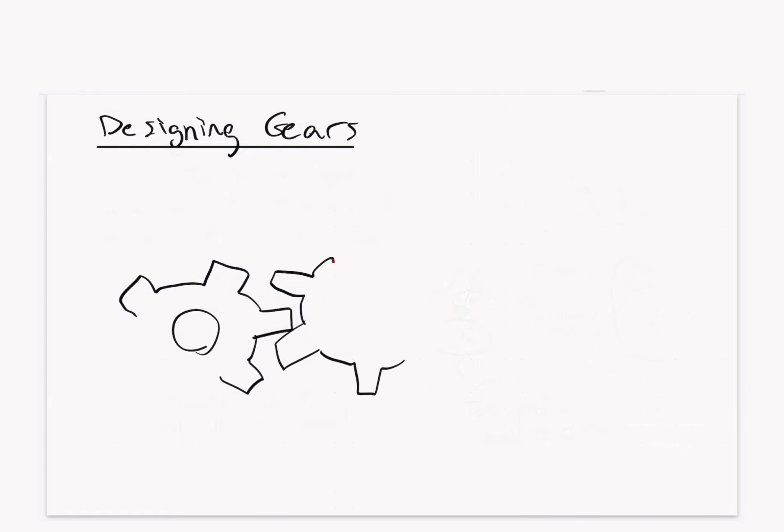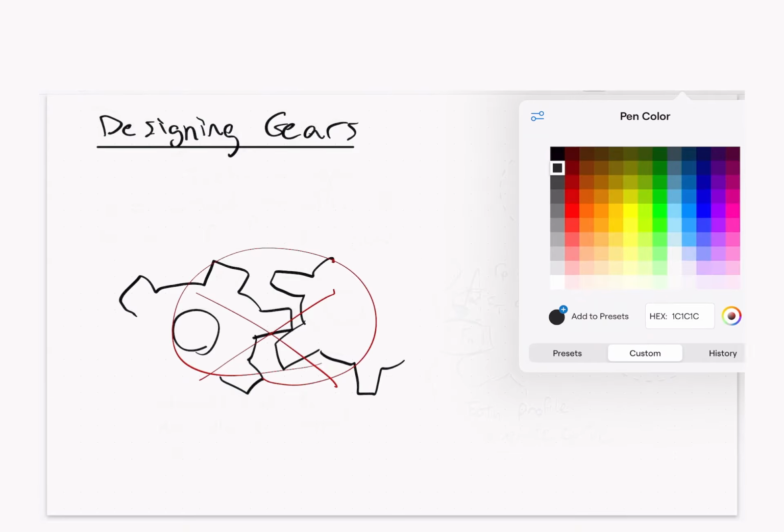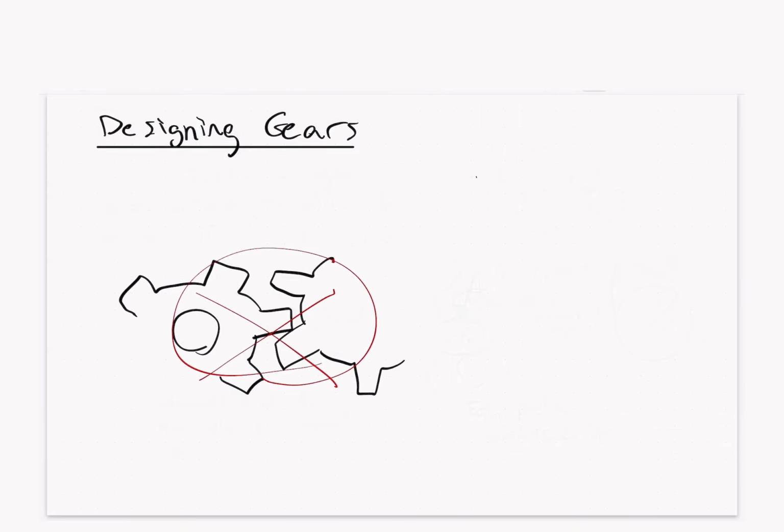So we could say that this is not going to work, and that straight teeth would not allow for a constant gear ratio. It would instead be a function of our angle.